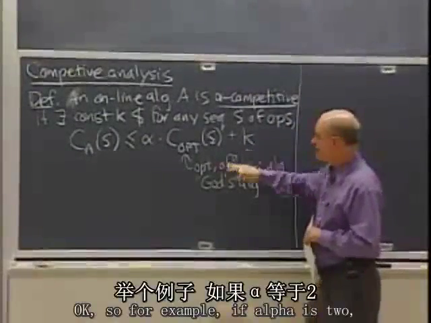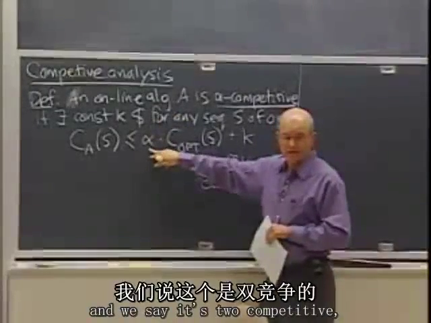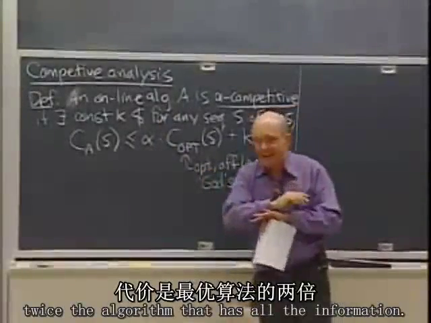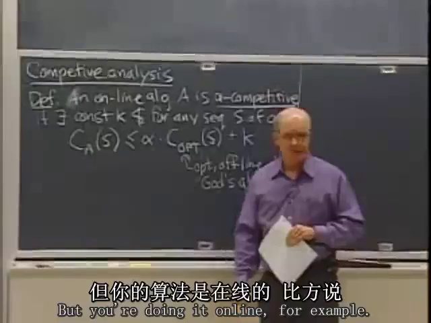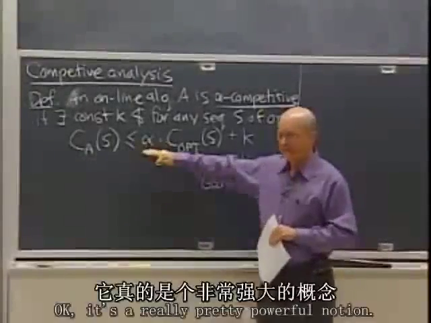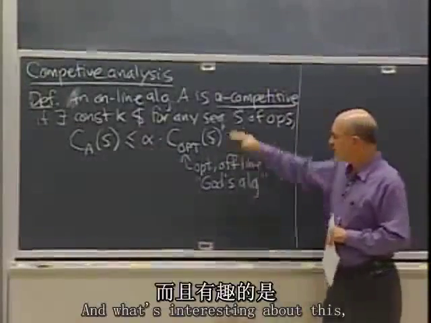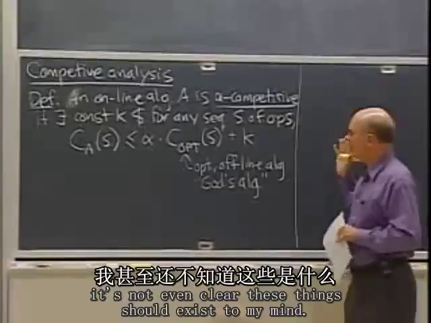So for example, if alpha is 2, then we say it's 2-competitive. That means you're going to do at worst twice the algorithm that has all the information, but you're doing it online, for example. Okay? So really a pretty powerful notion. And what's interesting about this is it's not even clear these things should exist, to my mind.